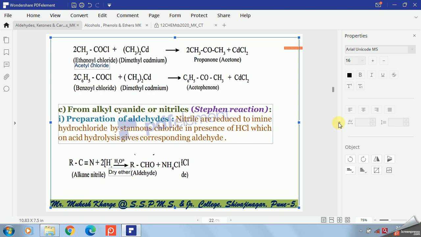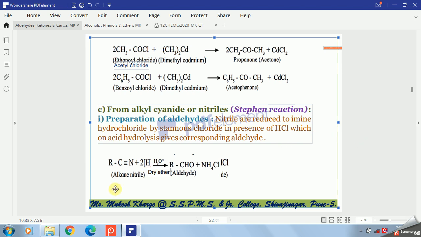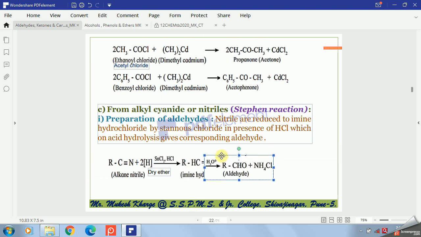Alkane nitrile is the IUPAC name of your cyanide. On addition of hydrogen, meaning reduction, nitrile or cyanide is reduced to imine hydrochloride, and that imine hydrochloride on acid hydrolysis gives the corresponding aldehyde. Okay.